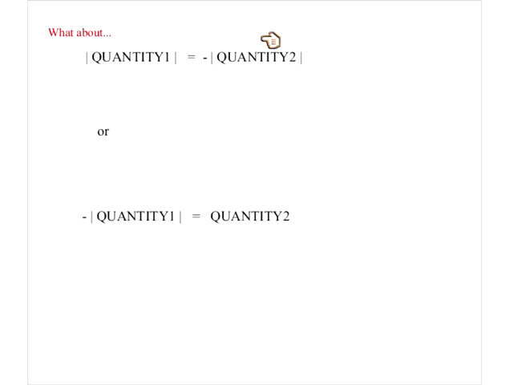If you have this one, this is impossible unless both of these quantities are 0. Because this is an absolute value, which means this is either 0 or above. This is either 0 or higher.